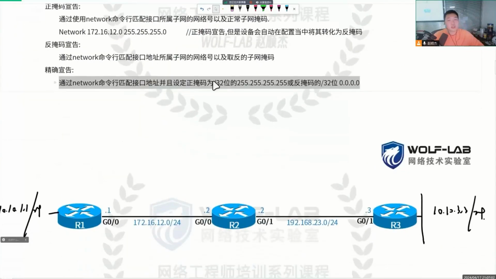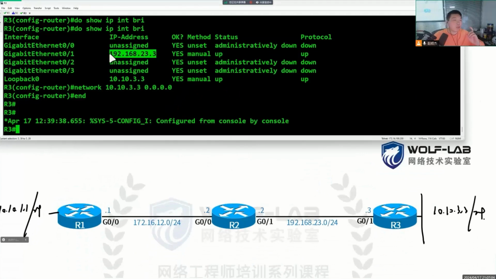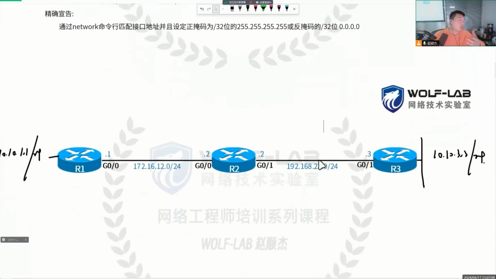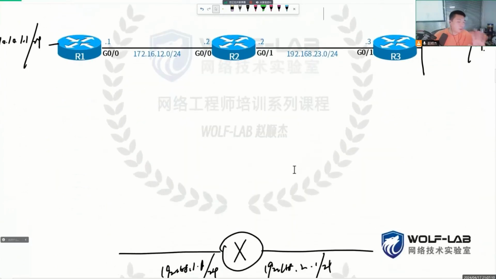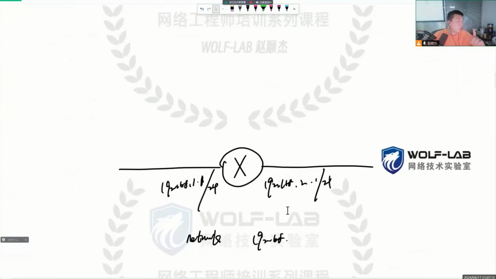I'll talk about this range. First, for example, we declare 192.168.0.0/16. We network 192.168.0.0 with wildcard 0.0.255.255.